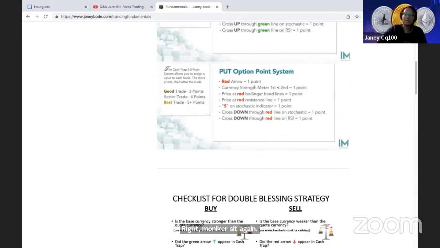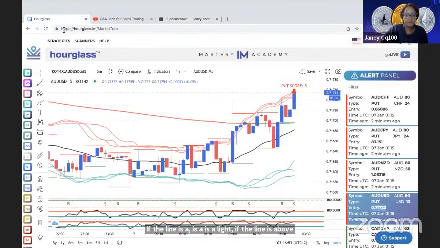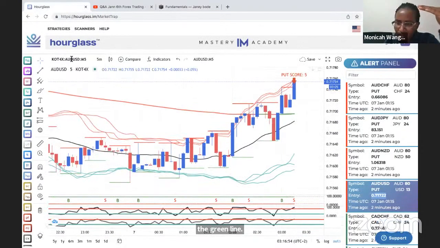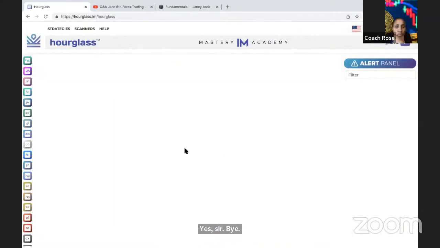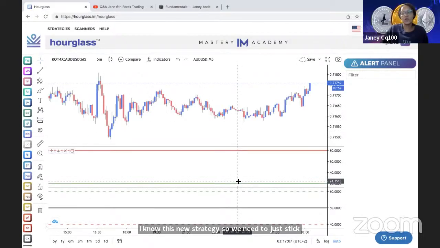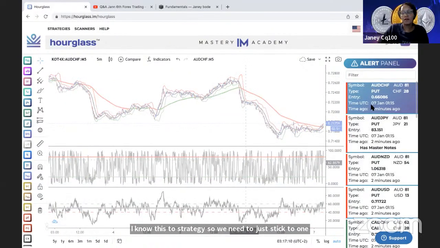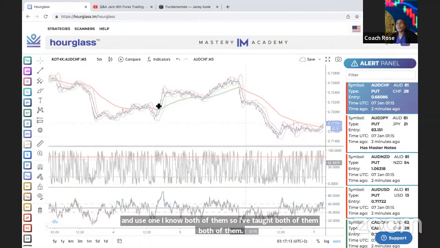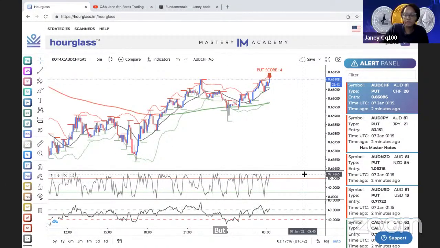If the line is above the gray line, that's a buy. Let me show you. I know there's two strategies, so we need to just stick to one and use one. I know both of them, so I've taught both of them. But people are more familiar with hourglass.